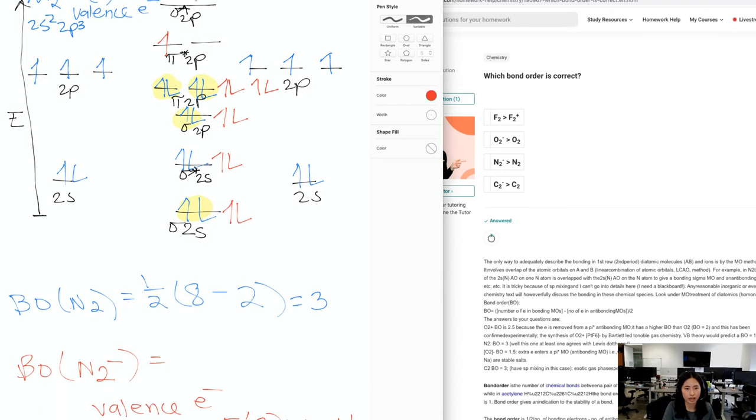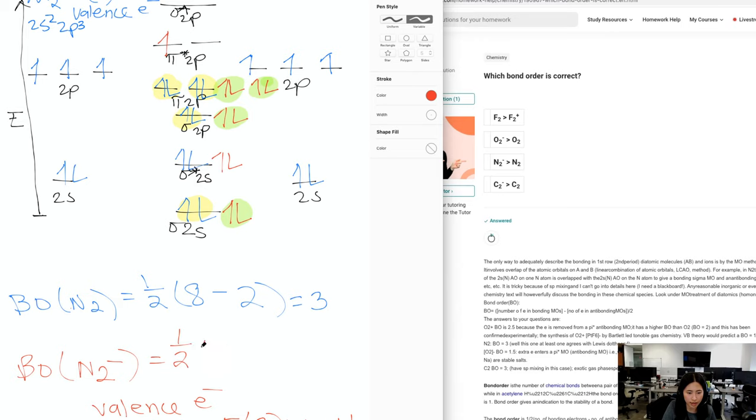Okay, so again, we're going to count the number of electrons in bonding and anti for N2 minus. Okay, so here we have 2, right? And then we have 4, 6, 8. And that's it. So we have 8 for bonding.